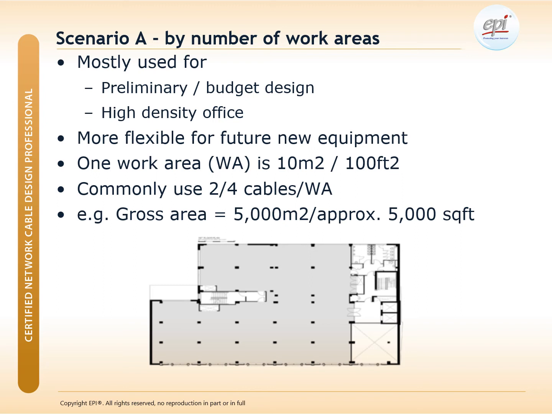And when you put in more work areas, then of course in the future you have more flexibility. No matter if people relocate or new people move in, the cable is always there. So commonly in this design, each work area will have 2 to 4 cables.